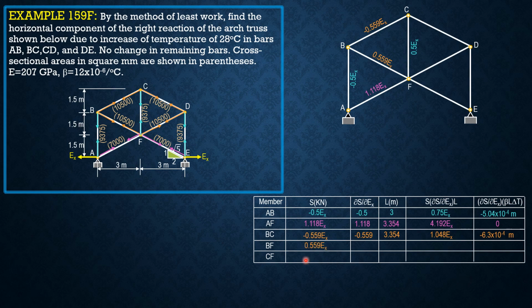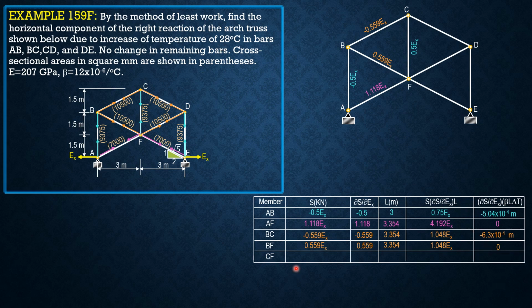For BF, 0.559 EX, partial derivative 0.559, length 3.354, product 1.048 EX. BF has no contribution to temperature change, so it's 0.